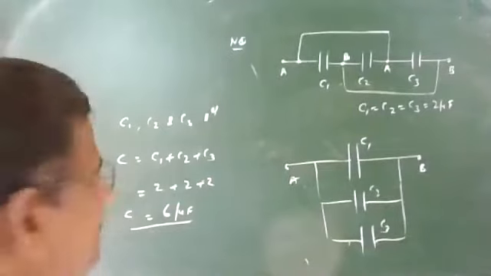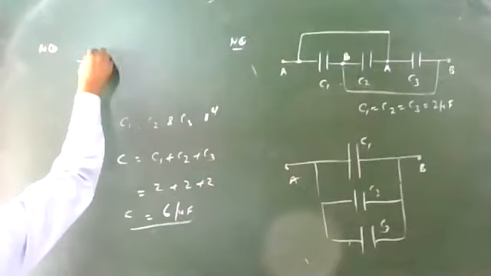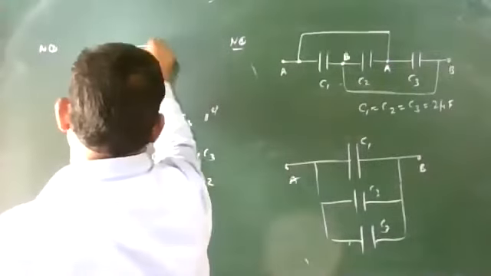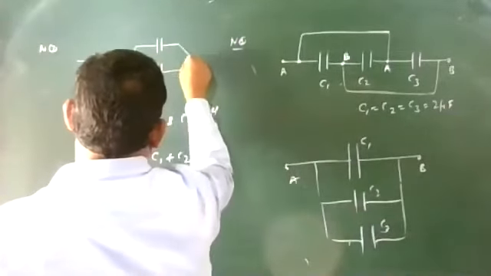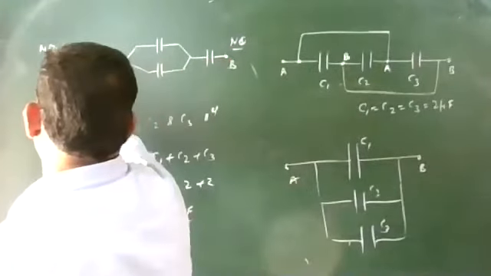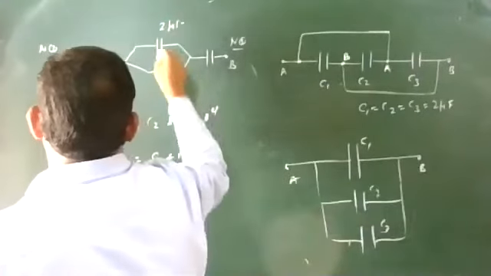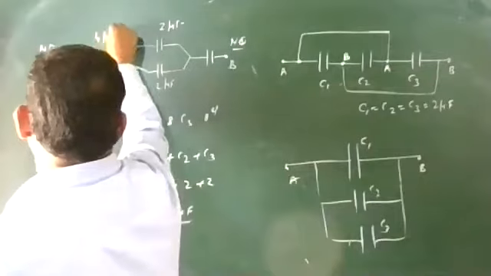Numerical number 3, you can do it. Find the equivalent capacitance between A and B. The values are 2 microfarad and 2 microfarad. It is an easy calculation.